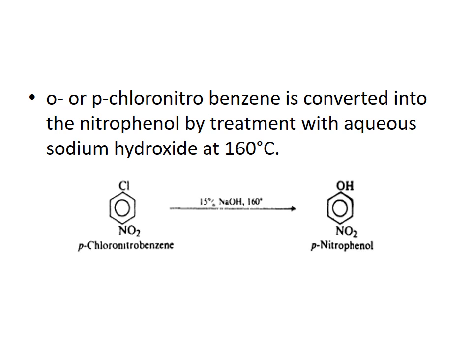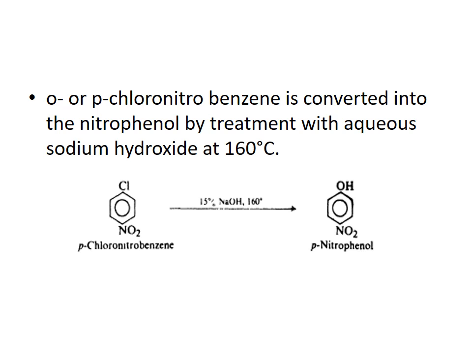When you treat this para-chloronitrobenzene with 15% sodium hydroxide and heat it up to 160 degrees Celsius. On the other hand, if we simply try to heat chlorobenzene with sodium hydroxide, this reaction will not happen.